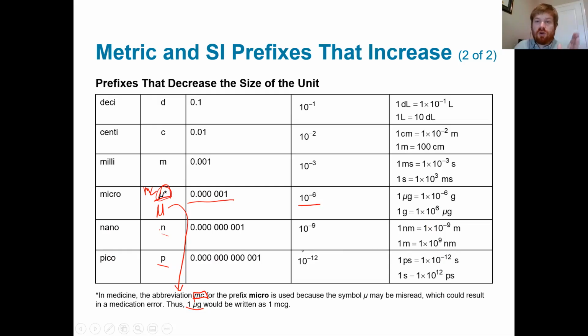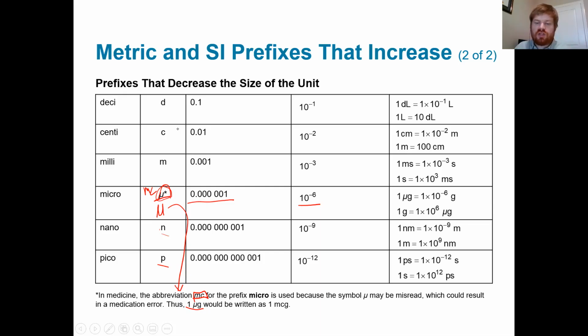And again, what I'm going to recommend that you do is make a series of flashcards. It's up to you how you do it, but I would say the best thing to do is have the symbol and the multiplier in terms of scientific notation, because those are the two that are going to be the most helpful. Now, you need to do whatever you need to do to help you learn it. So if you also want to include the names, like deci and d, that's totally fine.